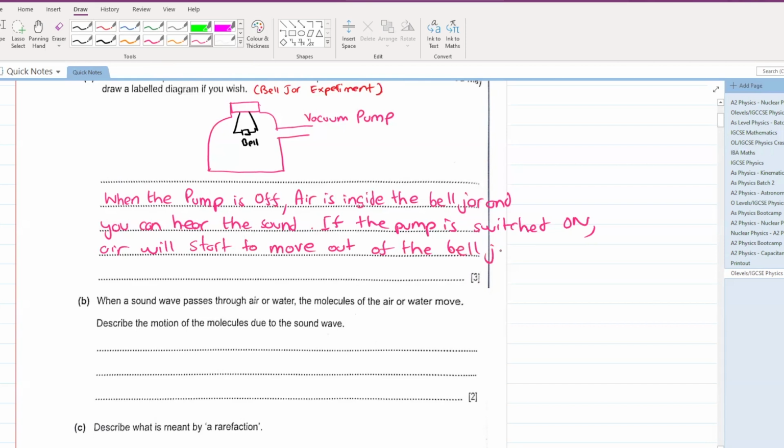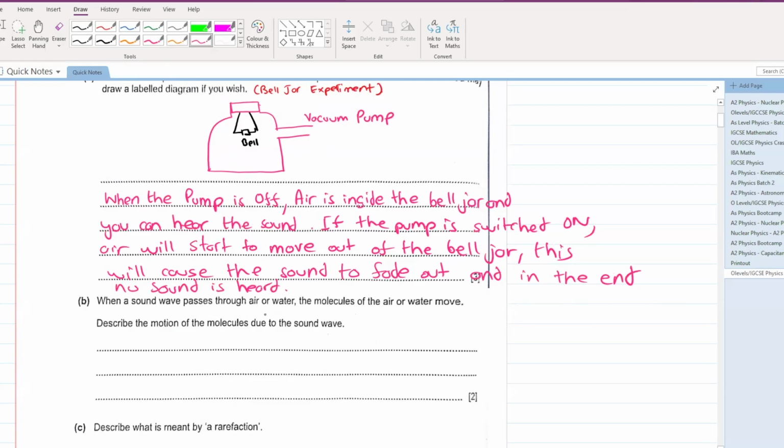This will cause the sound to fade out, and ultimately no sound is heard. And in the end, no sound is heard. Simple. This tells us that sound requires a medium to travel.